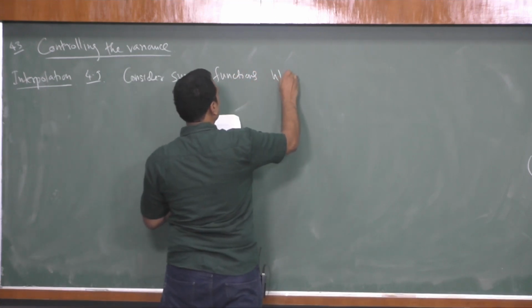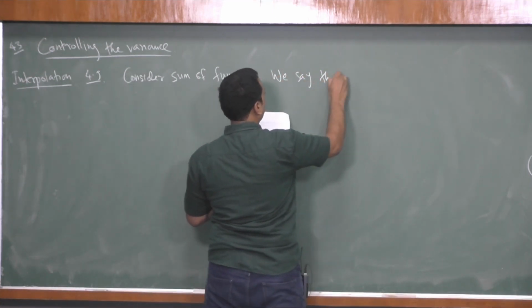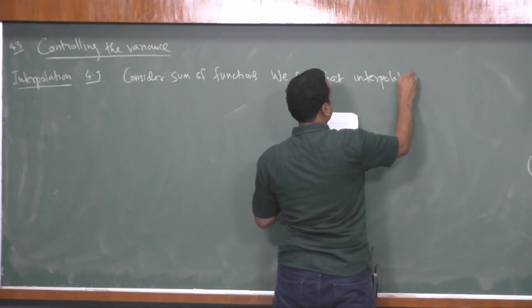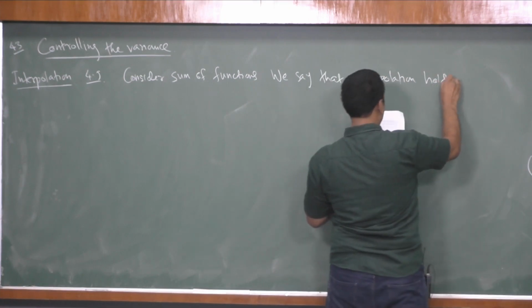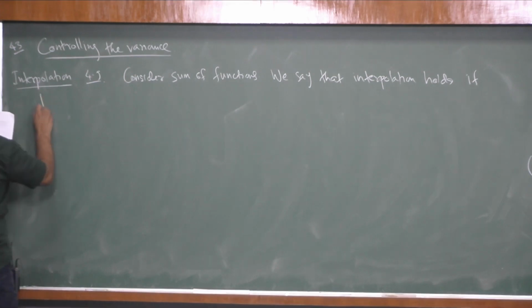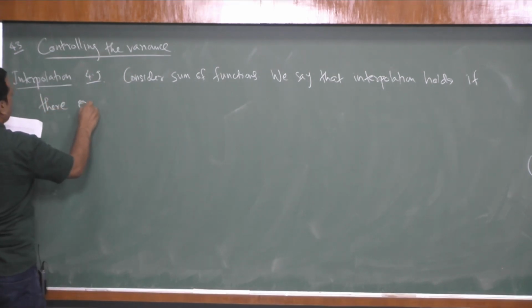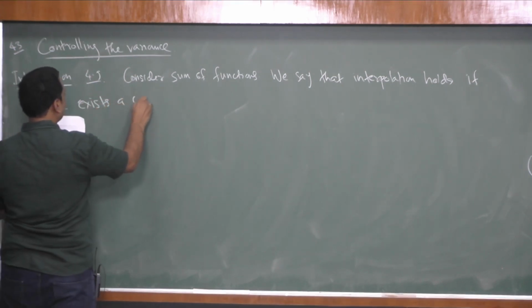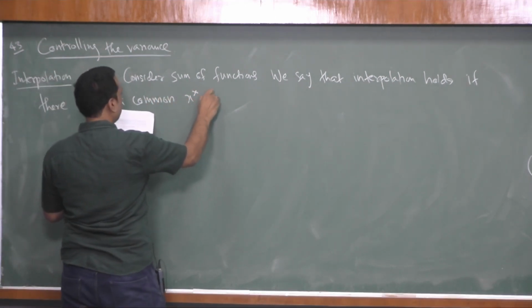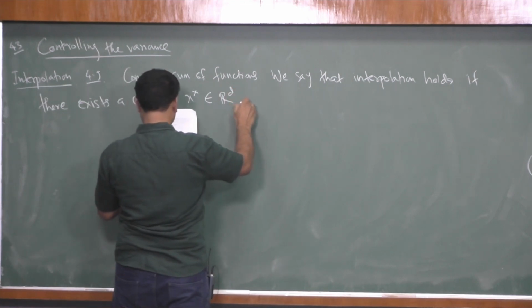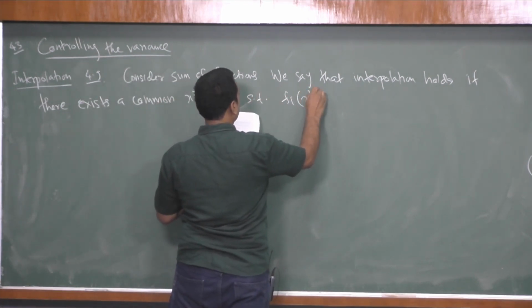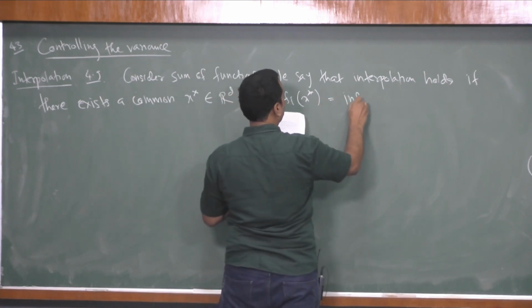We say that interpolation holds if there exists a common x star in R^d such that F_i(x star) is the infimum of F_i.